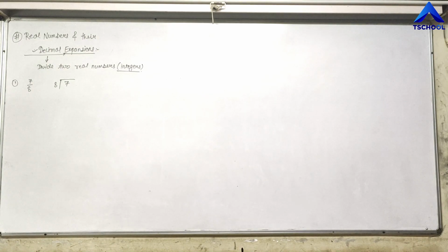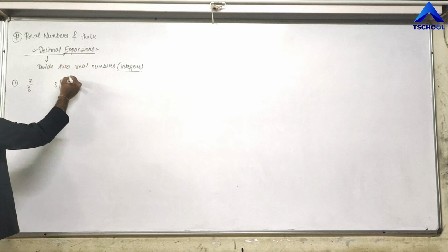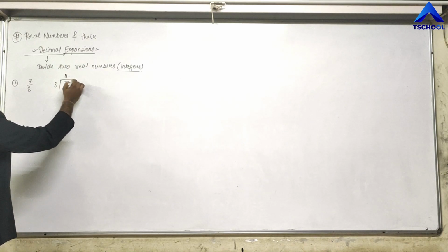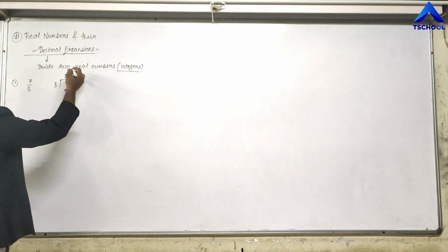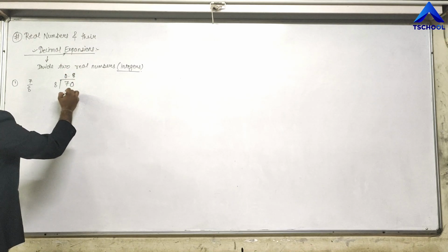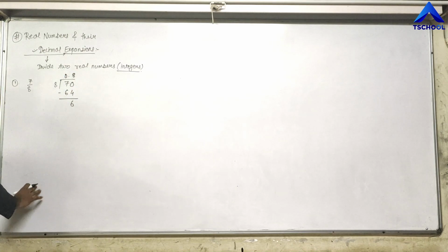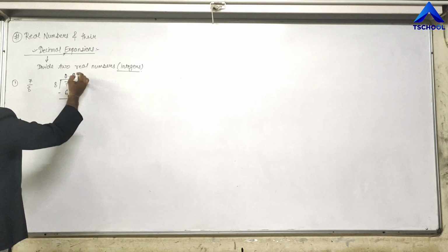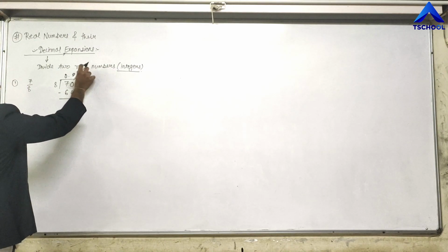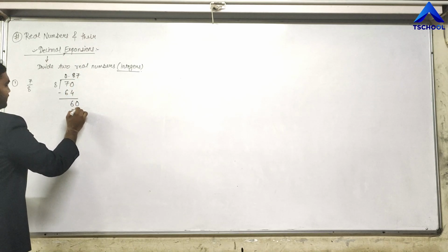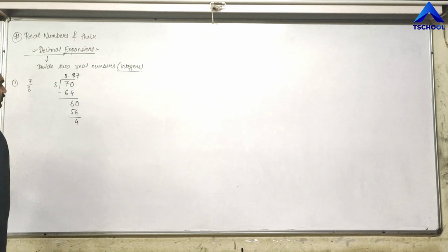That means this will be 0.7. So 8 into 8, that will become 64. Subtracting this, I shall get 6 again, right? If we put a 0 here, that will be 8 into 7, that is 56. That will give me 4.